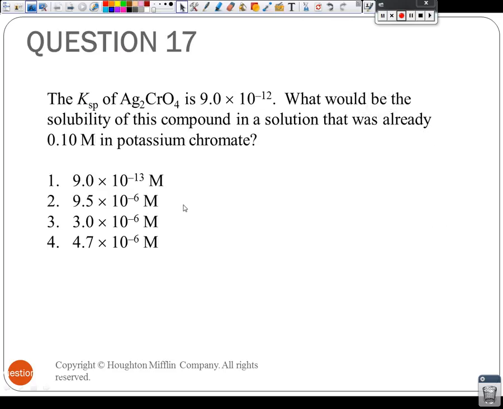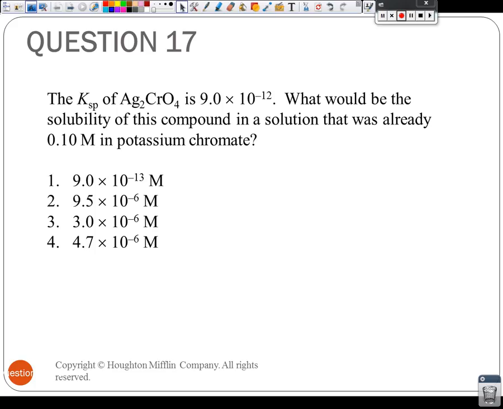Okay. Alright, the KSP of silver chromate is 9 times 10 to the negative 12. What would be the solubility of this compound that was already in a 0.1 molar potassium chromate? Uh-oh. What are we mixing this solution with? Potassium chromate. So we're no longer mixing it with water, are we?